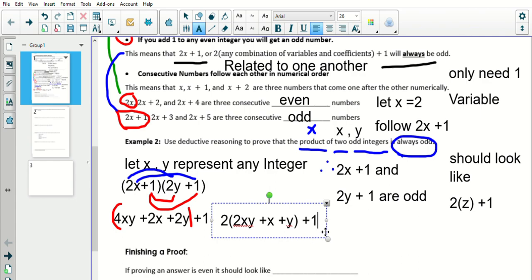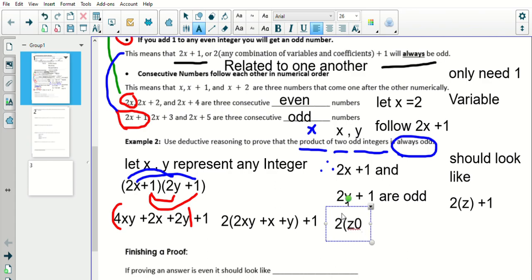Okay, so it's starting to look familiar. Is there a way I can substitute or take out this term, algebraically, to make it look even more like what I want? Well, I can. I can replace that with an entirely new variable. I could say 2 times z plus 1, where z is equal to 2xy plus x plus y.